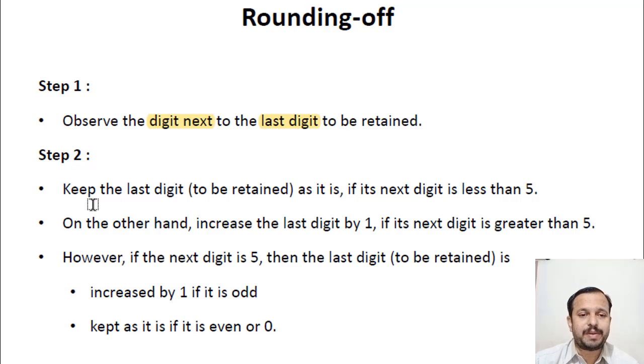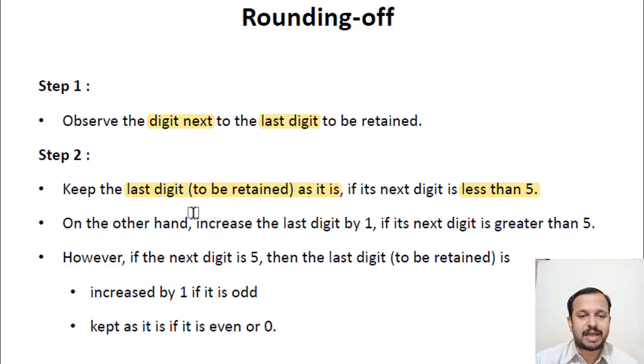In step number 2, we have to keep the last digit as it is if the next digit is less than 5. This is a very important condition. If the next digit is less than 5, we keep the last digit as it is.